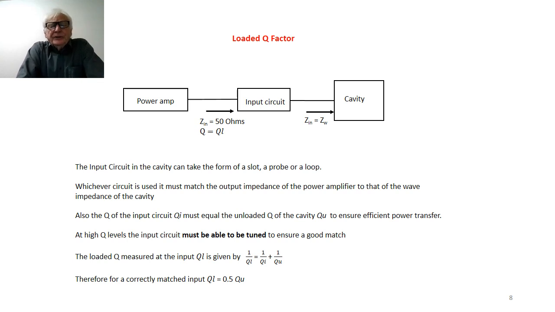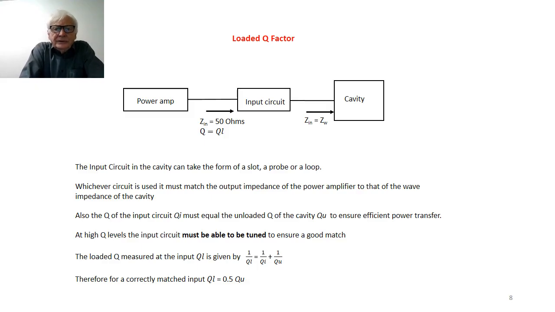Now the output impedance of the input circuit has to match the wave impedance of the cavity itself. So looking into the cavity, Zin must equal ZW, the wave impedance of the electromagnetic wave which is transiting up and down the cavity.